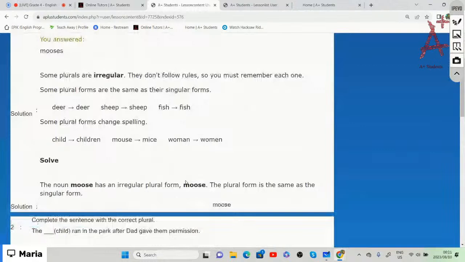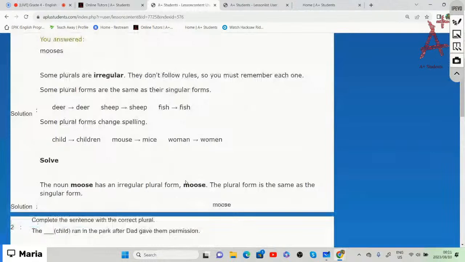And then some plural forms change the spelling. For example, one child, which is singular, and the plural form of child is children. It's more than one child, so it's children. Then we have one mouse, more than one mice.